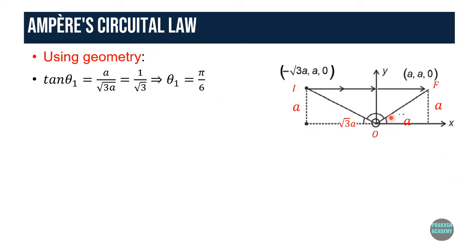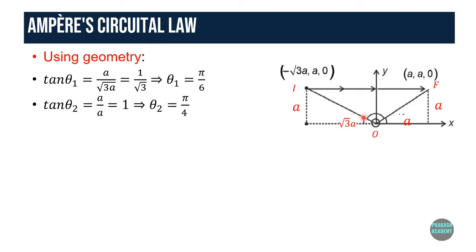Now, let us consider this angle. Once again I can write tan theta, let us call this angle theta 2. So, tan theta 2 will be this distance divided by this distance, that is, this distance is a and this distance is also a. So, a by a is equal to 1. This means theta 2 is equal to 45 degrees, that is pi by 4.